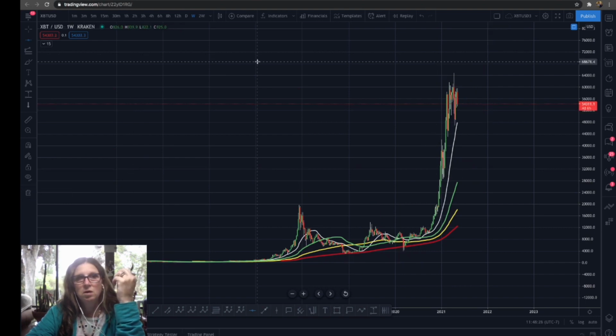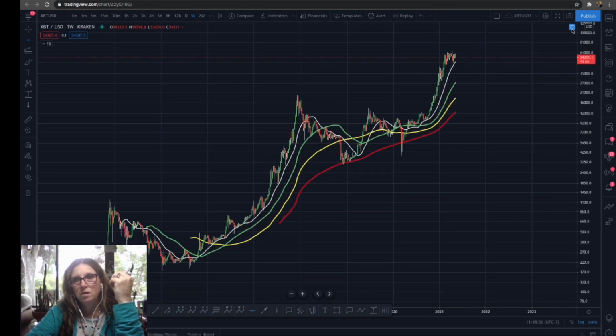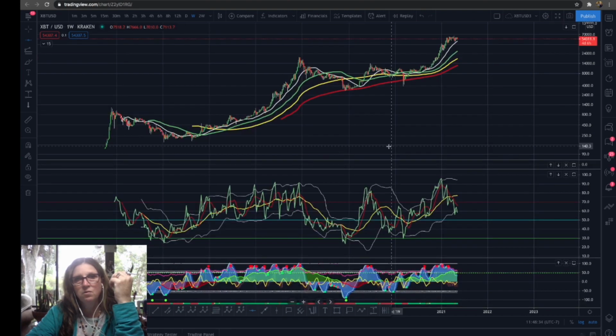So let's talk about, I'm going to put it on log now. And I go over this in every one of my videos on the weekly time frame. As you can see, we're resetting ourselves. And I did talk about that we could potentially have another rollover here.